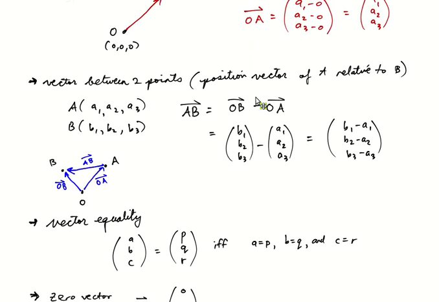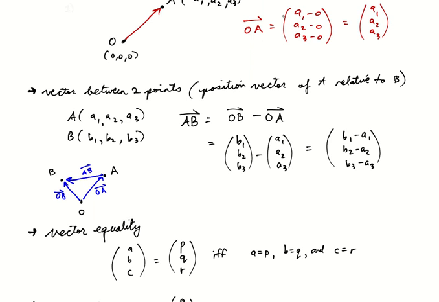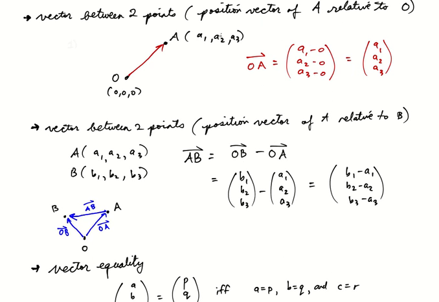Okay, and just like we did in the previous, when we were finding the vectors between 2 points where one was the origin, we do the same thing. The only thing that changes really is now we could describe the vector AB as the vector OB minus OA.